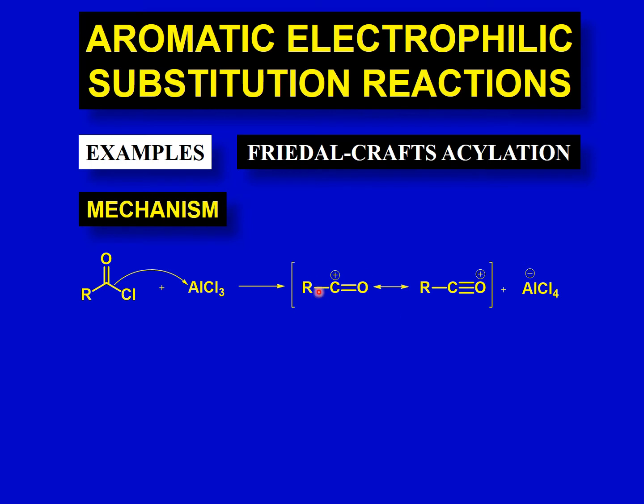You can see there is a positive charge generated on the carbon atom of the carbonyl. But as you know, we have lone pairs on oxygen which can delocalize over, forming a triple bond between carbon and oxygen, and now the positive charge is shifted onto the oxygen. So this positive charge is in resonance in this acylium ion, and AlCl4 minus is generated here.